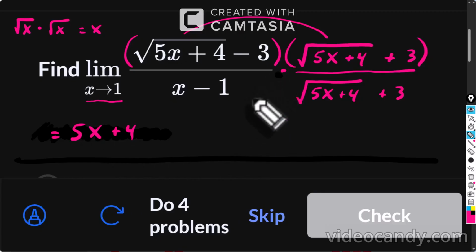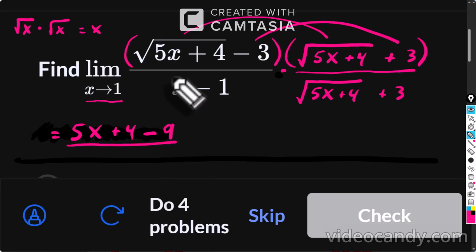Now the inner outer term should drop out. We have negative 3 times radical 5x plus 4 plus positive 3 times radical 5x plus 4. So that drops out, like I showed you in the intro. And then the last term is negative 3 times positive 3, which is just negative 9.